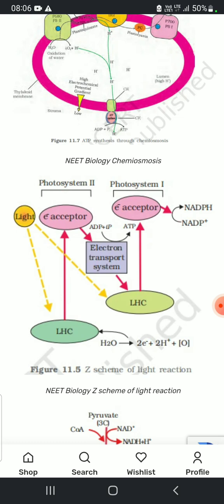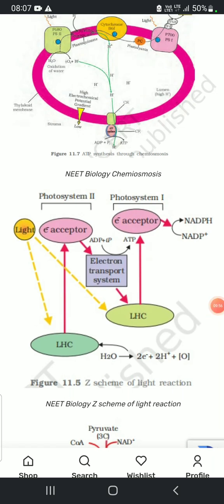As light reaches the light harvesting complex, the electron gets excited and is transferred to the ETS. Then again light reaches the LHC, which is P700, which is PS1, and the electron reaches the electron acceptor.